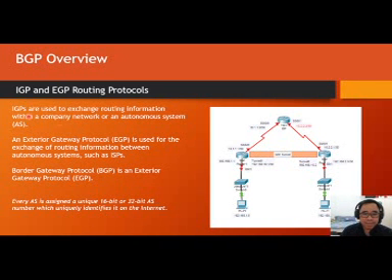Okay, so IGP and EGP routing protocols. IGP is used to exchange routing information within a company network or an autonomous system. An Exterior Gateway Protocol (EGP) is used for the exchange of routing information between autonomous systems, such as ISPs. Border Gateway Protocol (BGP) is an exterior gateway protocol.